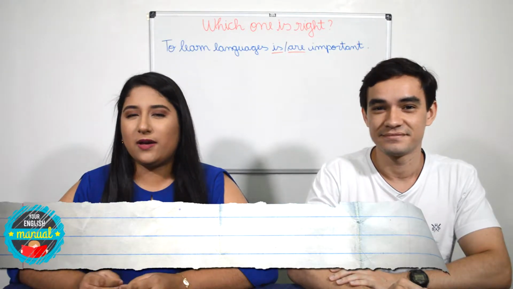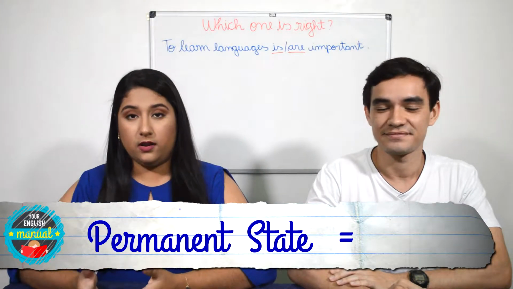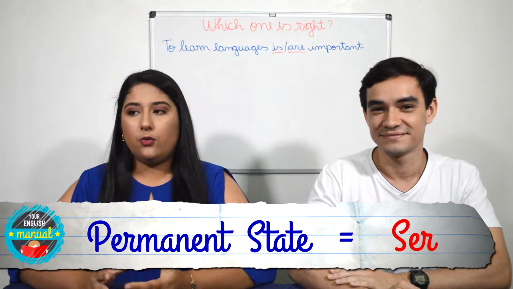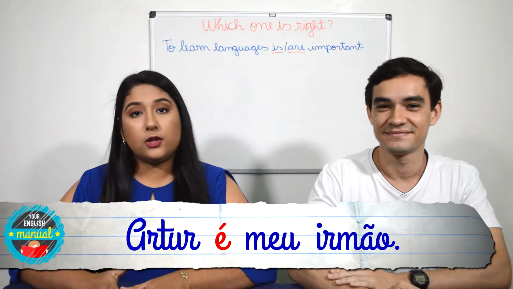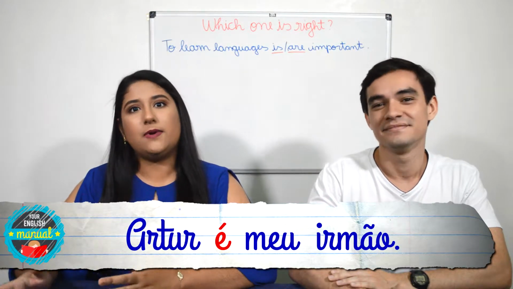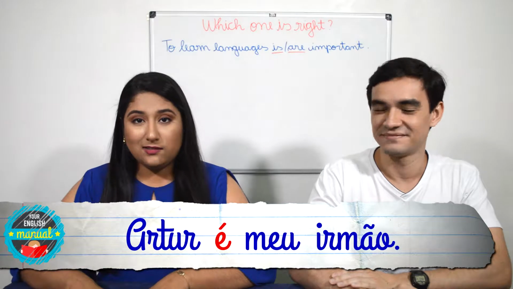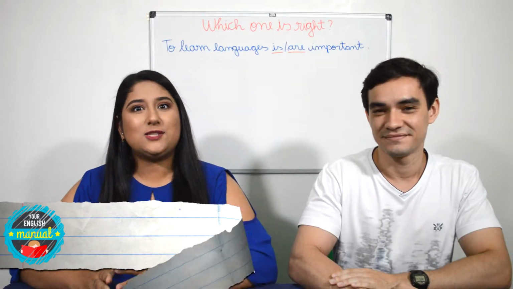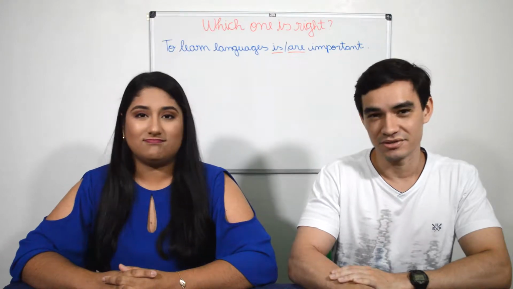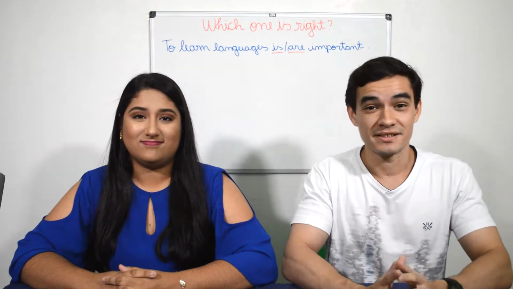However, when we talk about the permanent state of someone, we usually use the verb ser in Portuguese. We say, for example, Arthur é meu irmão. Arthur is my brother. He's always been and he always will be. It's permanent. It doesn't change. That's where the confusion starts. Take a look at this example.